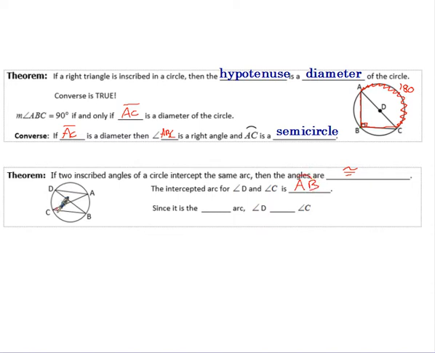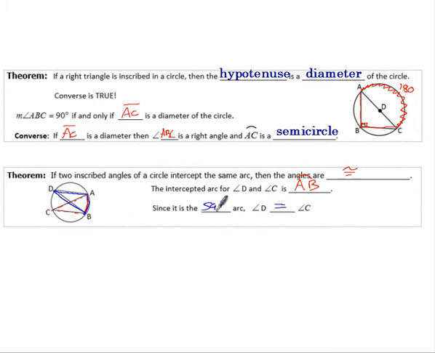So if we look at angle C, it is this right here, and that's intercepting this arc. That's where the ice cream goes, so to speak. And angle D is this angle here, and if you notice, it's also intercepting that same arc. And so since they intercept the same arc, we can say that the angles are equal.